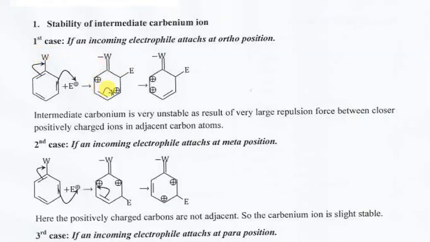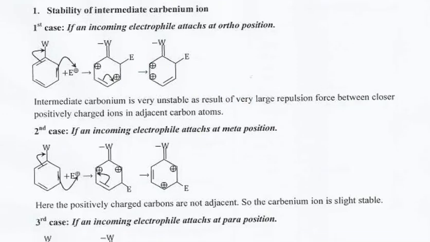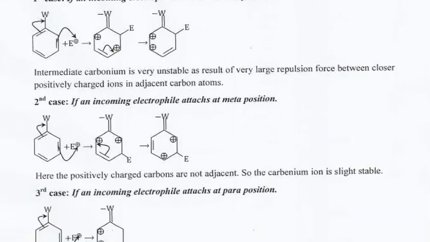So huyu atasupply pale, then finally will remain with the two positive charges hapa. So intermediate carbonium is very unstable as the result of very large repulsion forces between closer positive charge ion in adjacent carbon atoms. Kwa unaona positive charge ziko kwenye adjacent carbon atom. Repulsion ikiwa kubwa, manake the carbonium ion will be unstable.